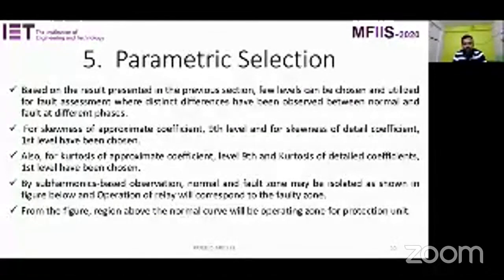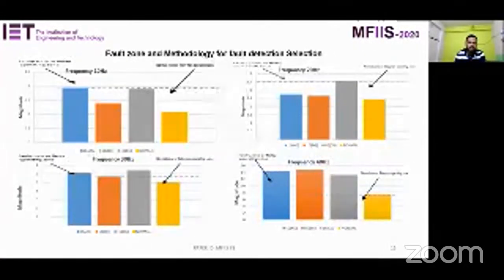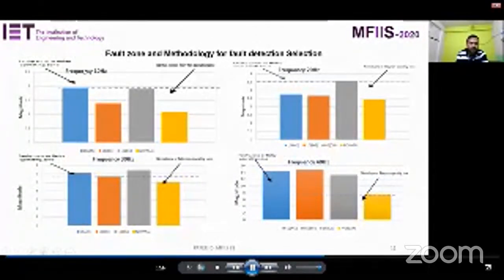By subharmonics based observation, normal and fault zones may be isolated as shown in the figure below. So here the faulty zone and the methodology for fault detection selection have been shown by this diagram. Every 10 Hz frequency interval we have shown 4 different figures.